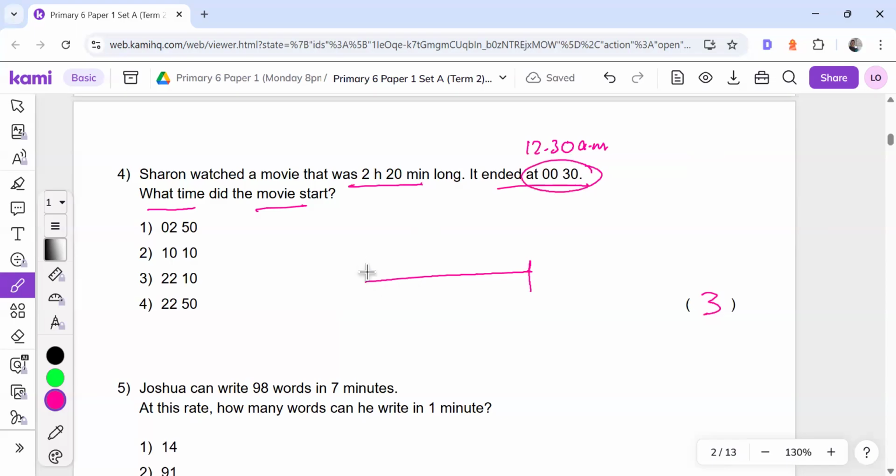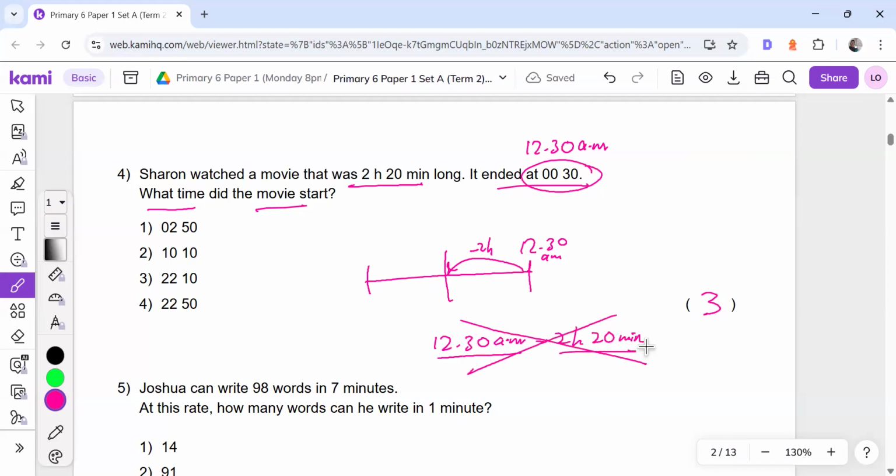I would like to use a timeline to see what time the movie started. So I jump back 2 hours. And by the way, in your Paper 2 or Paper 1, Booklet B, open-ended, if you do something like that, this is a big no. You cannot take time minus duration.